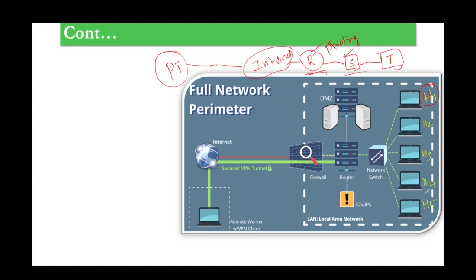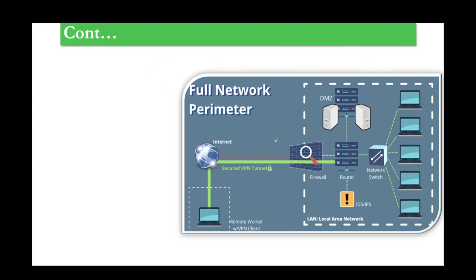This cyclical process allows us to create a very detailed internal network map and discover the critical infrastructure hiding behind the perimeter. So how do we do this then? This is the fully perimetered network with the infrastructure.